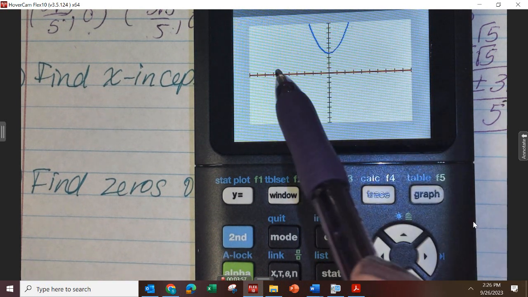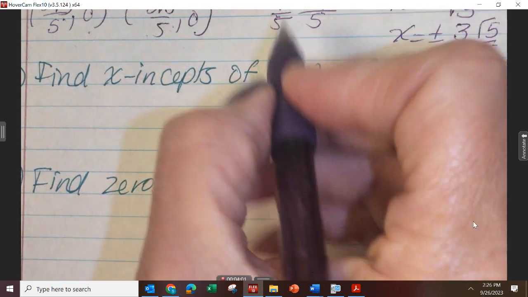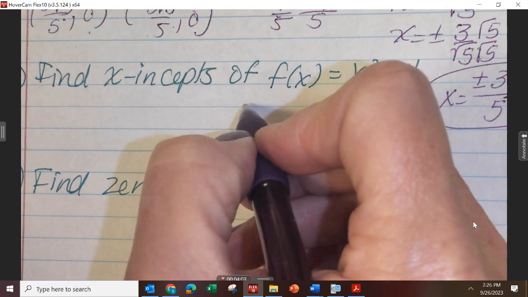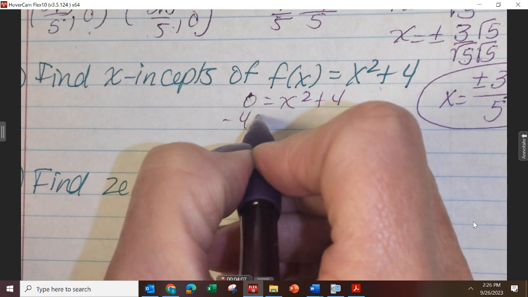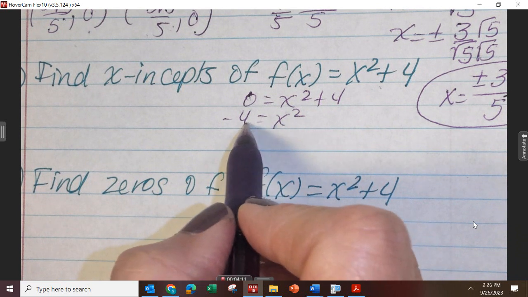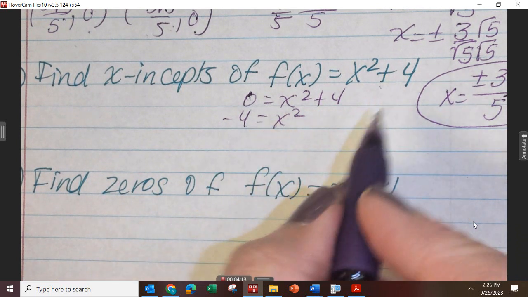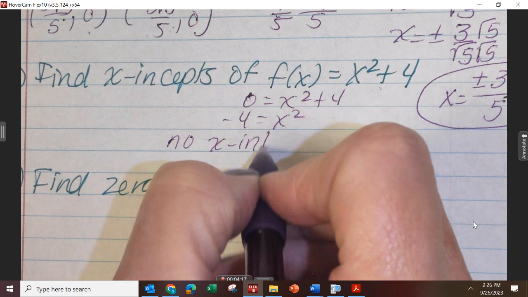Is that crossing the x-axis? No. So the way we know this doesn't have any x-intercepts is when I plug in 0 here and I start solving it. Some of you said it's plus or minus 2i, but when I get imaginary solutions, that means there's no x-intercepts.